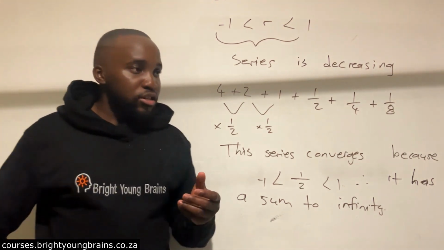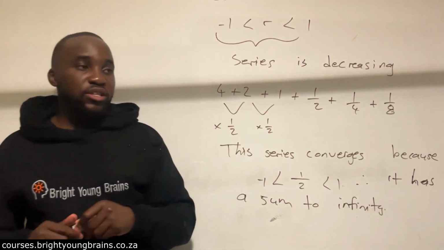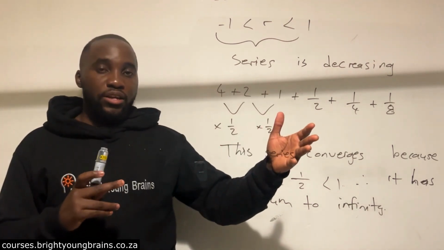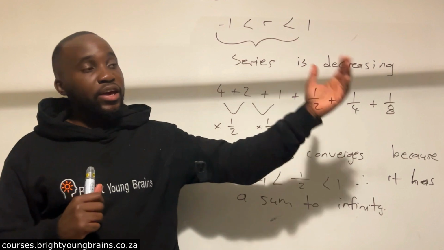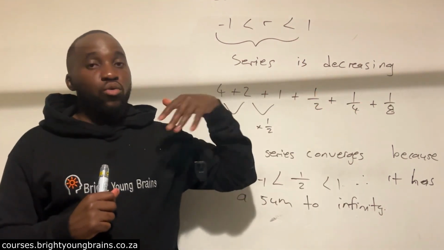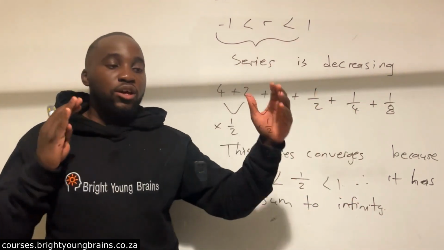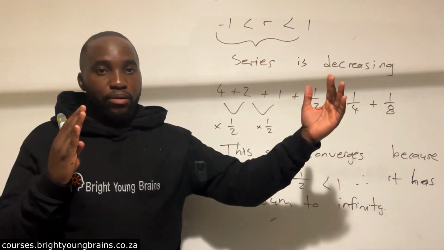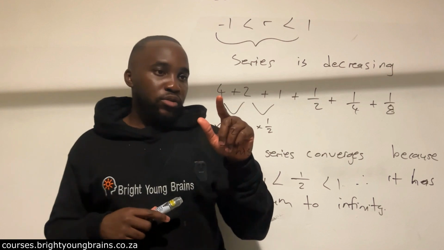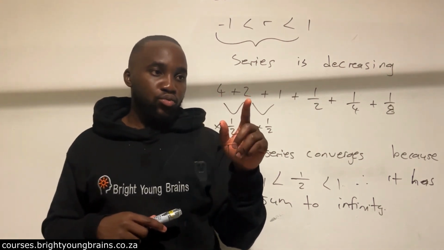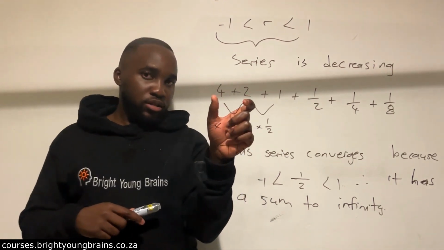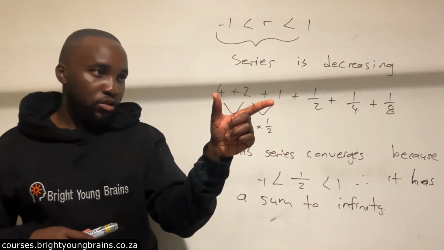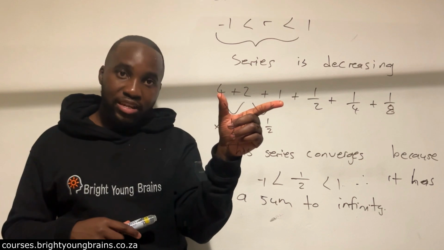So sum to infinity is basically a way of saying that if you add up all the terms in your sequence, eventually you can add up all the way to infinity, but those numbers will never surpass a specific whole number. For example, if you say 4 plus 2, that's going to give you a 6, and then plus 1, that's going to give you a 7.